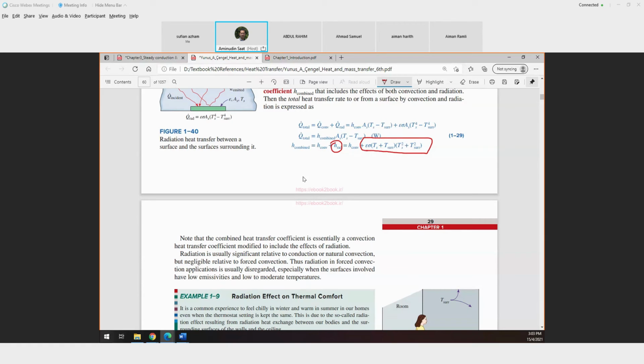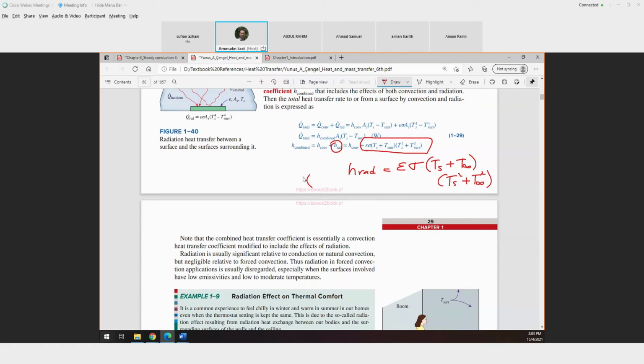H radiation equals emissivity times Stefan-Boltzmann constant times (T surface plus T surrounding) times (T surface squared plus T surrounding squared). Of course, I don't think you can remember it. I also do not remember, so that's why you can refer to this equation.